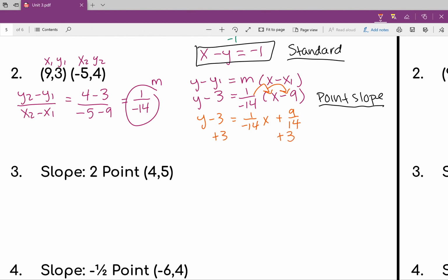So then I get y equals 1 over negative 14 x plus, let's see, 9 over 14 can't be reduced. So just go ahead and put that in your calculator. 9 over 14 plus 3 over 1. Let me see what I get on my calculator. So I get, let's see what it would be as a fraction.